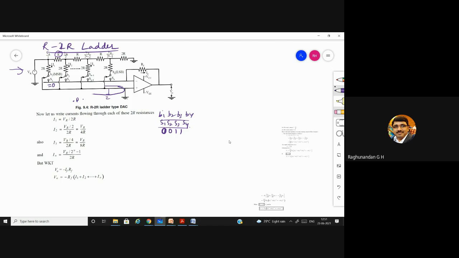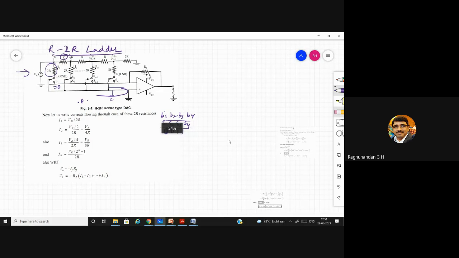So we cannot tell that the voltage across this will be equal to the voltage across this, because parallel branches will have the same voltage. But here, since between these two we are having one more resistor, we'll be having an additional drop. So these two will not have the same voltage, but the voltage will keep on reducing. At the first level we are having VR by 2R. For the second line we are having VR by 2.